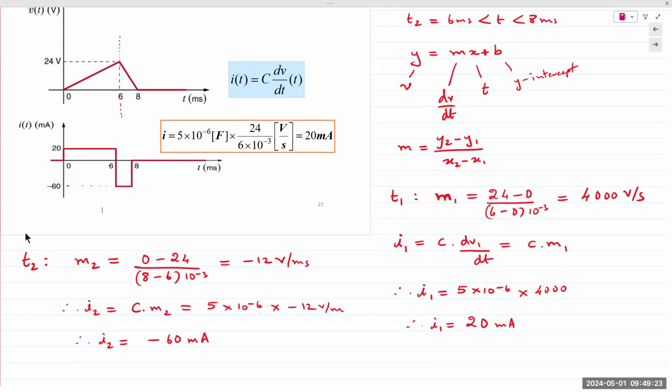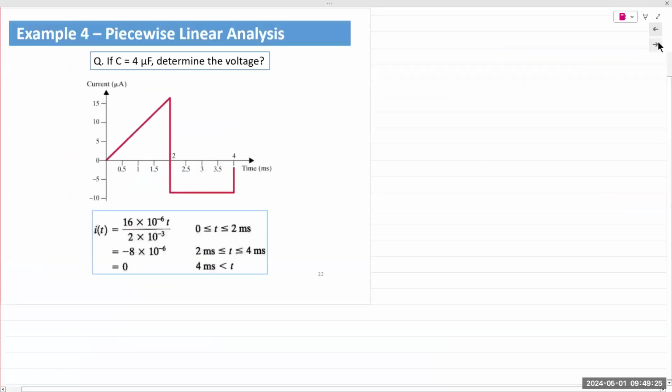Okay, example 4. We are given the current and now we are asked to find the voltage. And now I will talk about the stored energy initially, because if you remember last class, I explained we have a system that is being analyzed for a long period of time, let's say 24 hours.